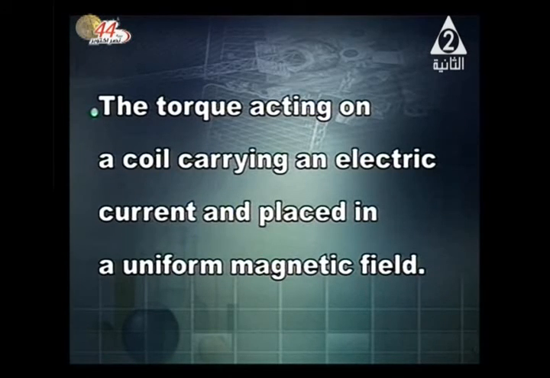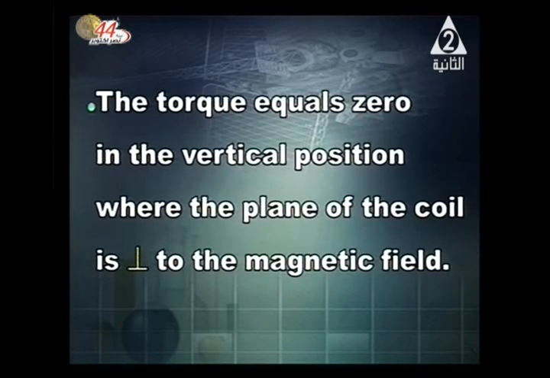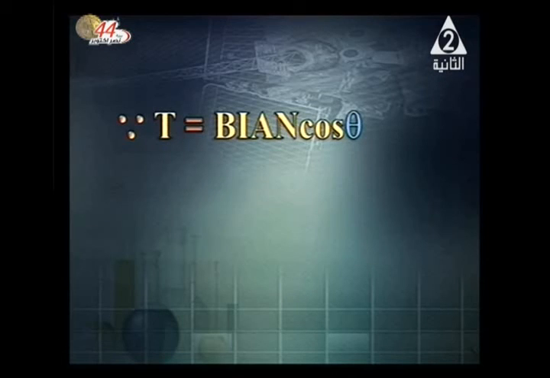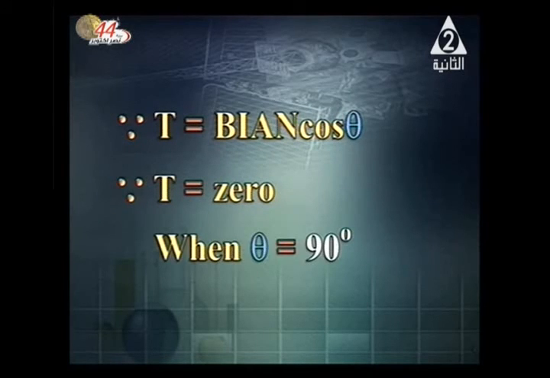This happens in the vertical position. The torque equals 0 in the vertical position, where the plane of the coil is perpendicular to the magnetic field. The torque is determined from the expression T = BIA cos θ. So torque is equal to 0 when θ equals 90, because cos 90 is 0.